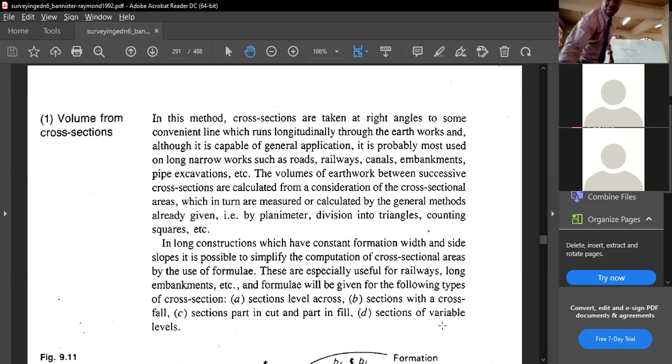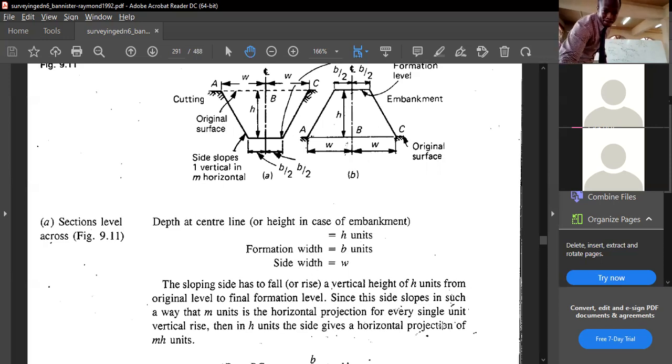Be consistent with what I have in my notes. So the W and then half B, or what's it? So this is a side width. W represents side width and this is B. So W is called side width.